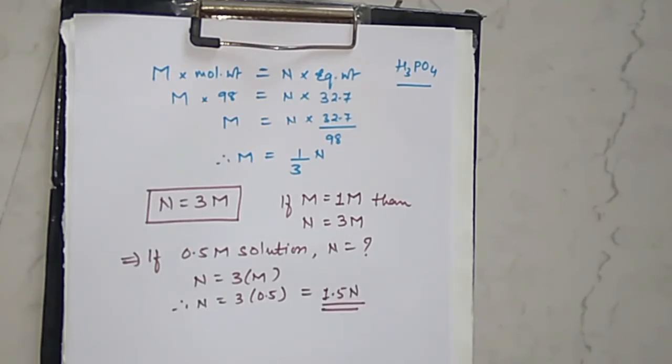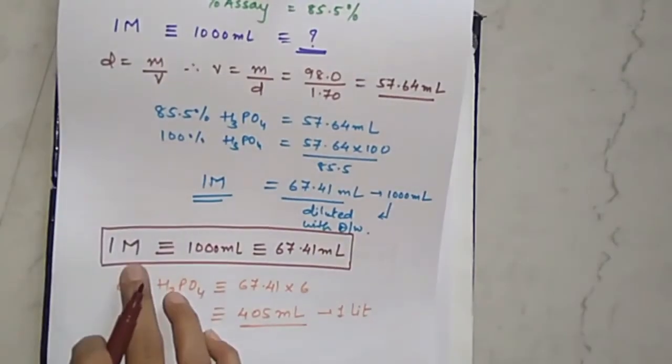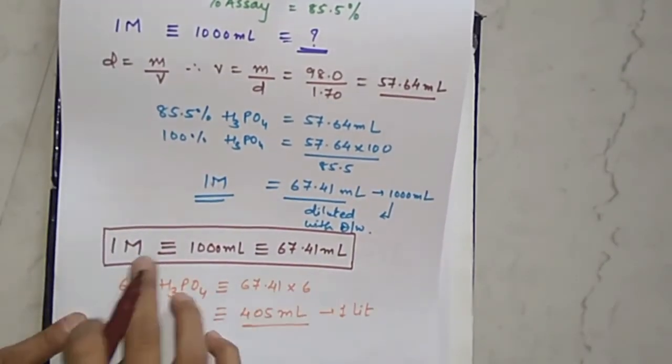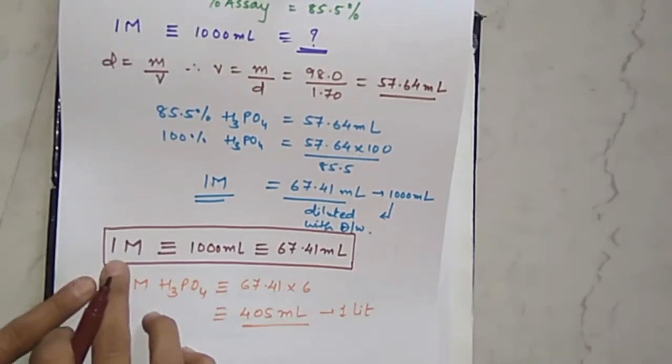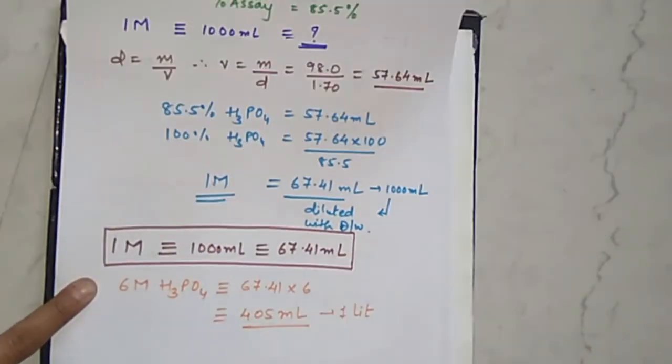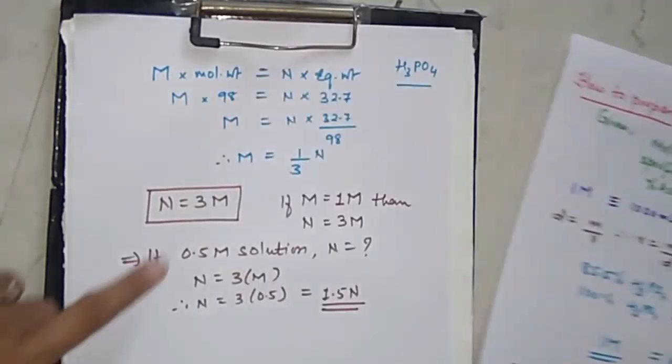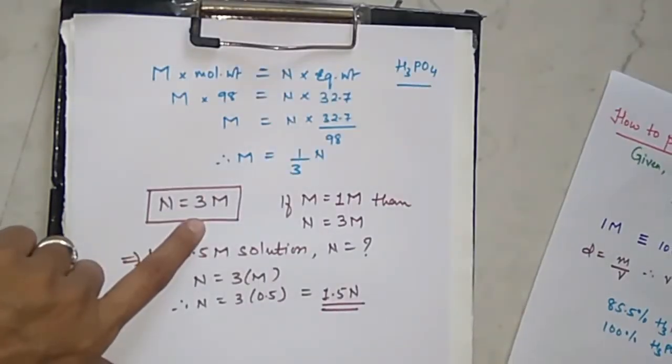So what we have calculated is that for 1 molar we require 67.41 ml. This gives us a 1 molar solution. But in terms of normality, it is equivalent to 3 normal, because normality is thrice the molarity.